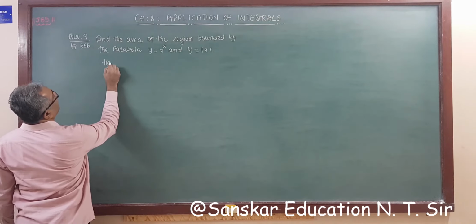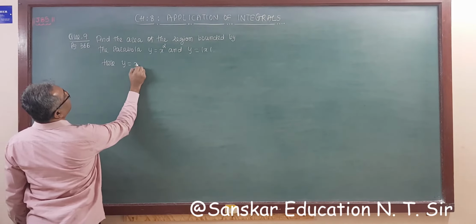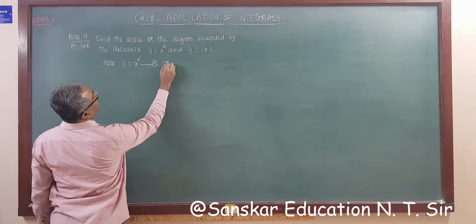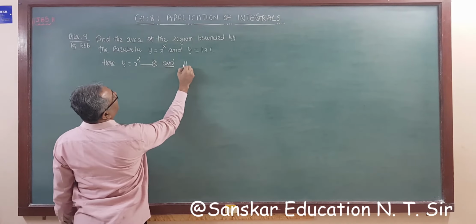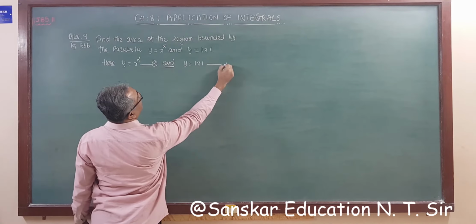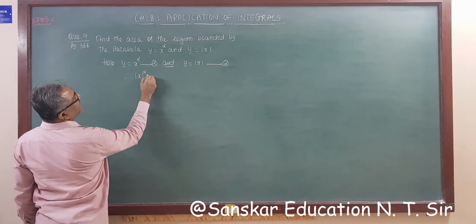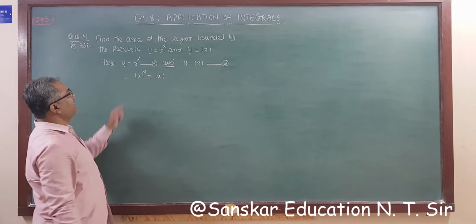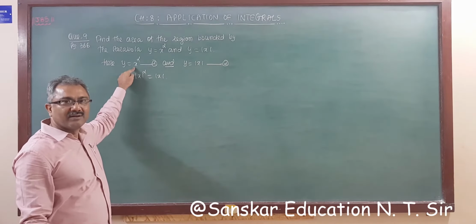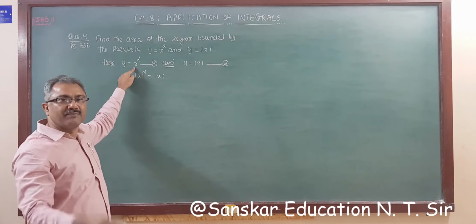So here y is equal to x square is number 1, and y is equal to modulus of x is number 2. So from 1 and 2 we get mod x square is equal to mod x. I am writing this mod x square, because x square is the same as mod x square, the same value.